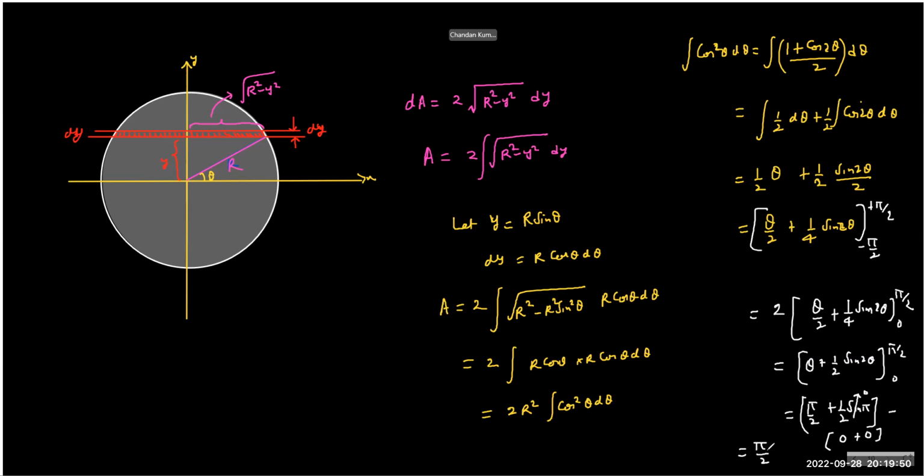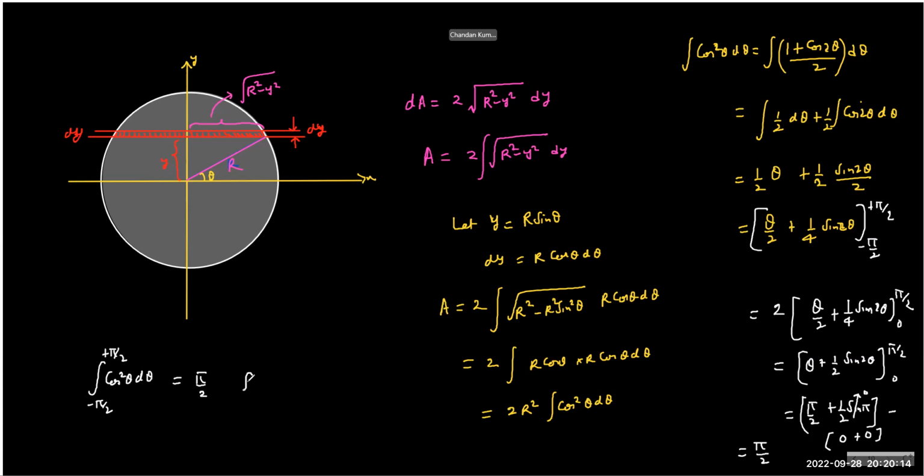In fact, this is what you should remember: the integral of cos square theta d theta from minus pi by 2 to pi by 2 is always pi by 2.